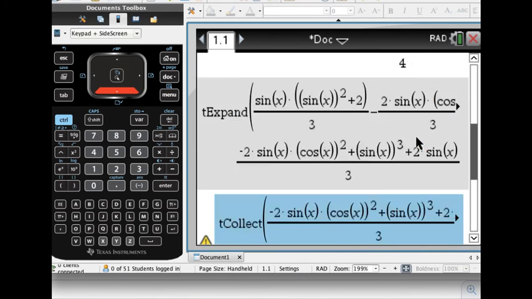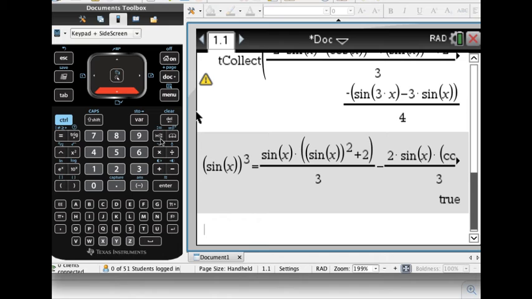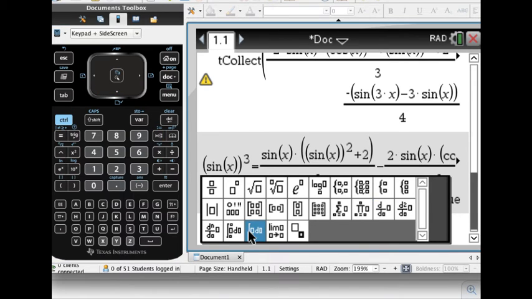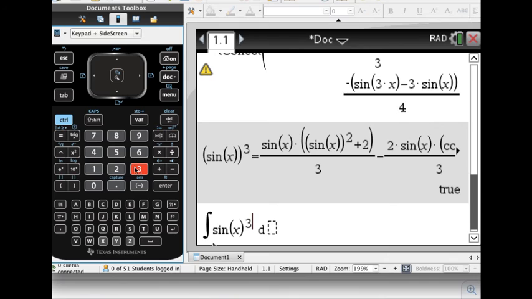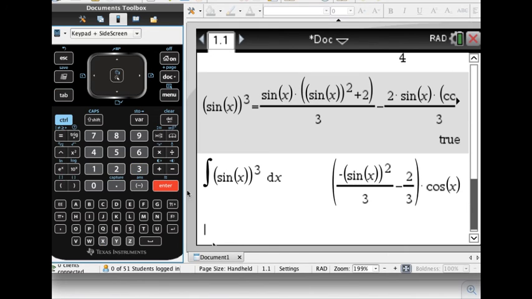If we actually tell the machine to integrate it for me, so we can tell the machine to integrate the original sine cubed of x with respect to x.